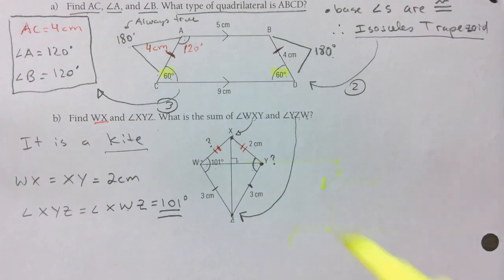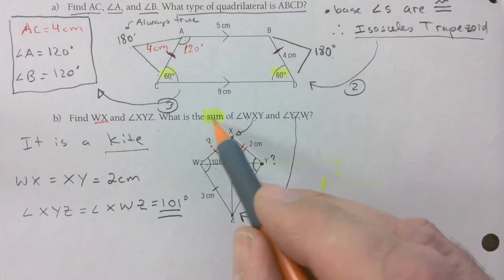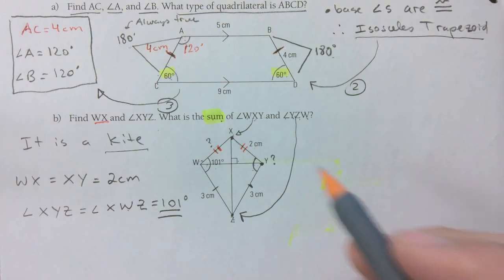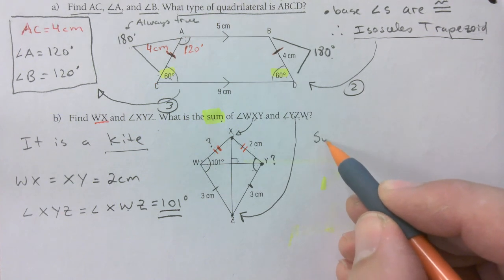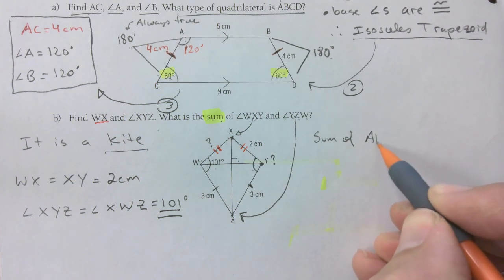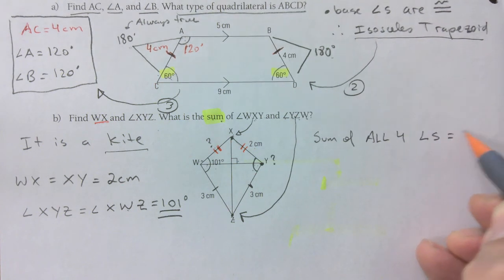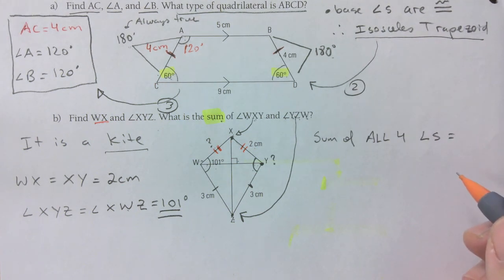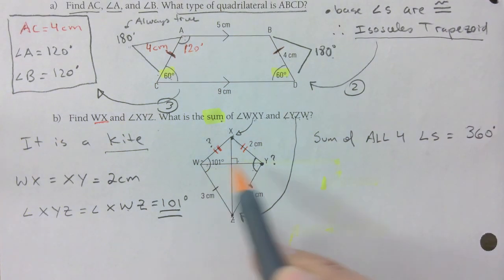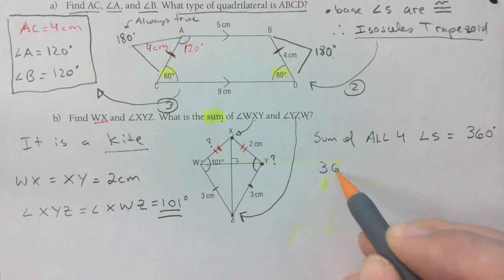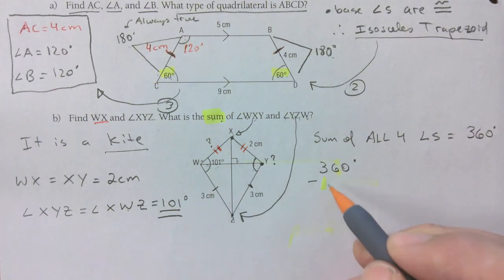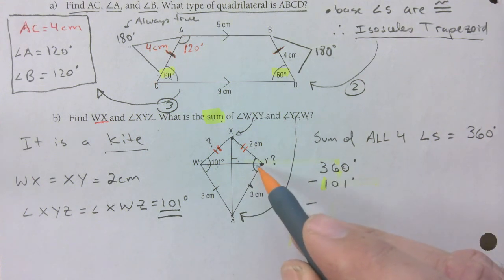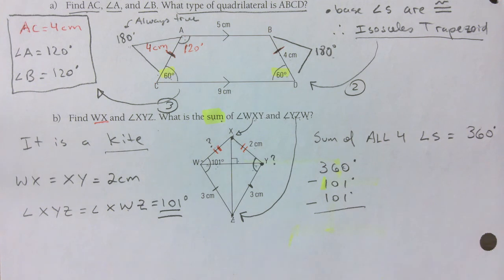What is the sum? They're saying, what would those two add up to? That's what they're asking you, right? What would these two add up to? Well, the sum of all four angles is what? 360, right? Inside, it's a four-sided shape, so it's always 360. So if we know these two, right, we're going to go 360 minus 101 minus this one, which is also 101. Right, let's just subtract.